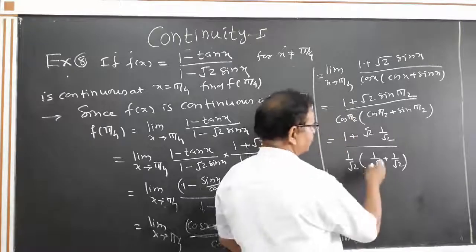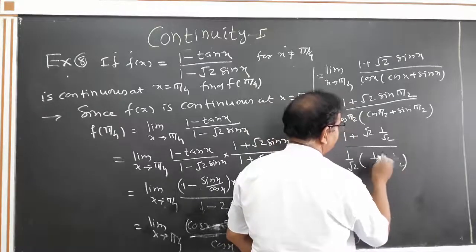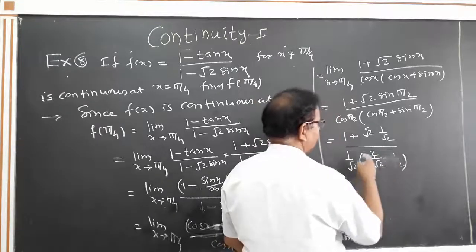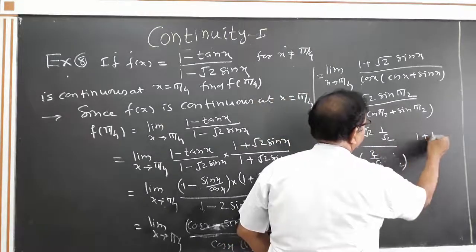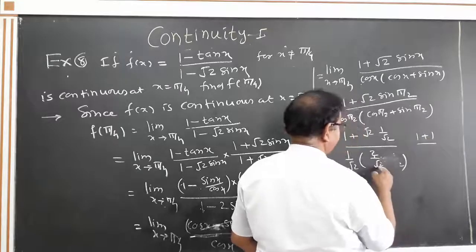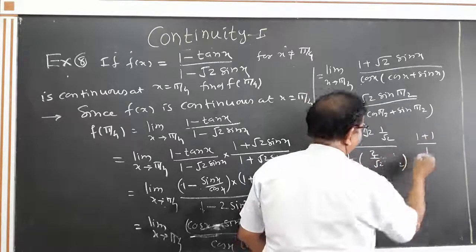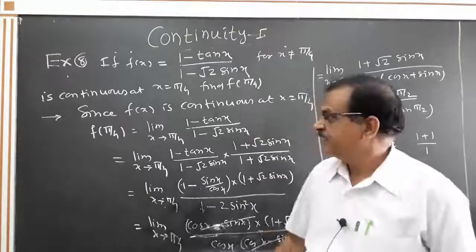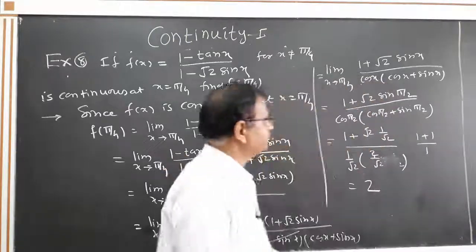This 1 by root 2 plus 1 by root 2 is nothing but 2 by root 2. And 2 by root 2 into root 2, this is 1 plus 1 divided by 2 divided by 2 is 1, that is equal to 2. Hence f of pi by 4 is 2.